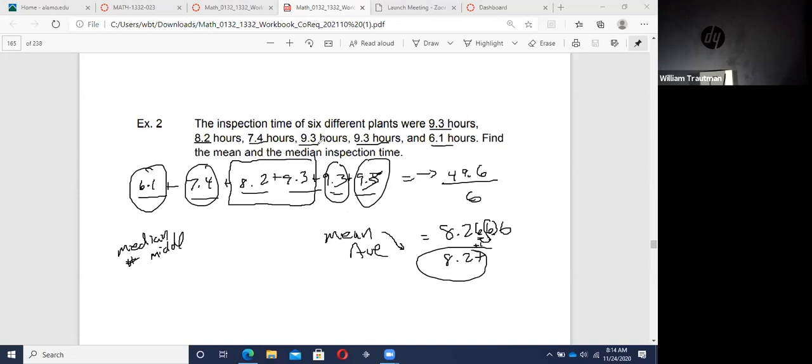But for even, you have to pick the 2 middle pieces, add them together, and then divide by 2. So I get 8.2 plus 9.3, and then I divide it by 2, and I get a median of 8.75. So this is my mean, 8.27, and my median, the number in the middle, is 8.75, since we take an average of the 2.